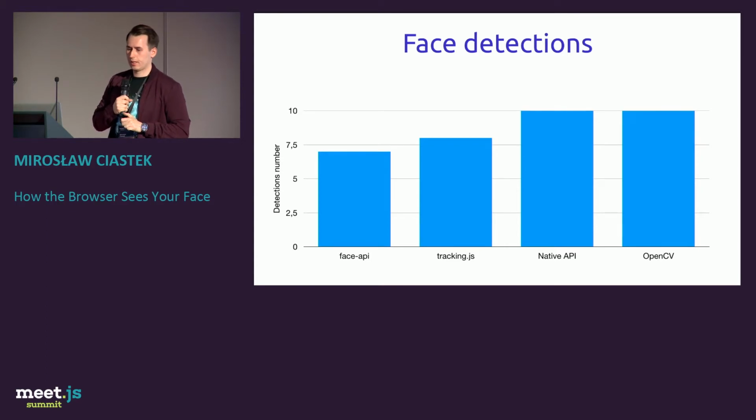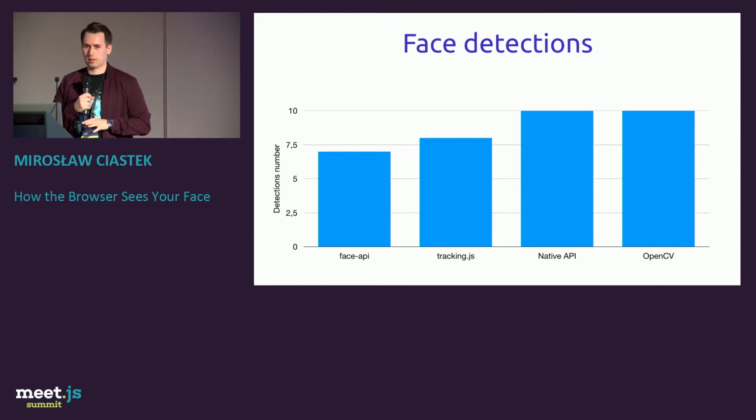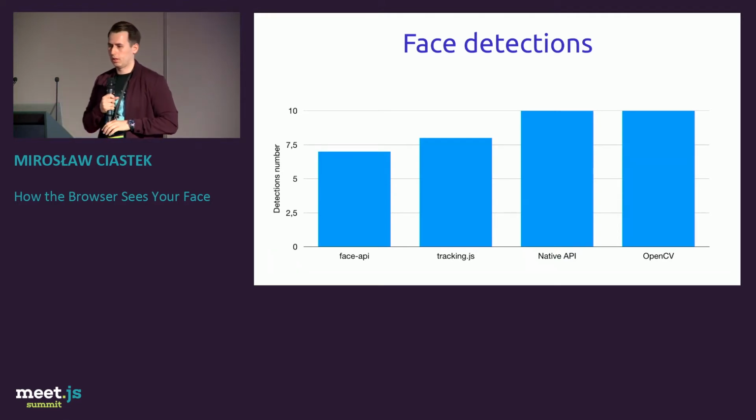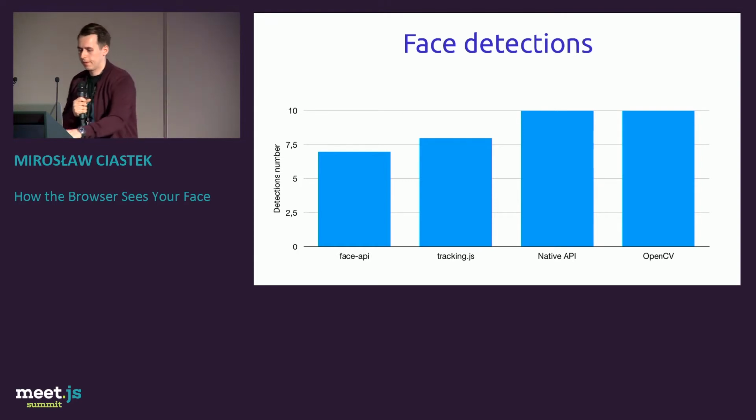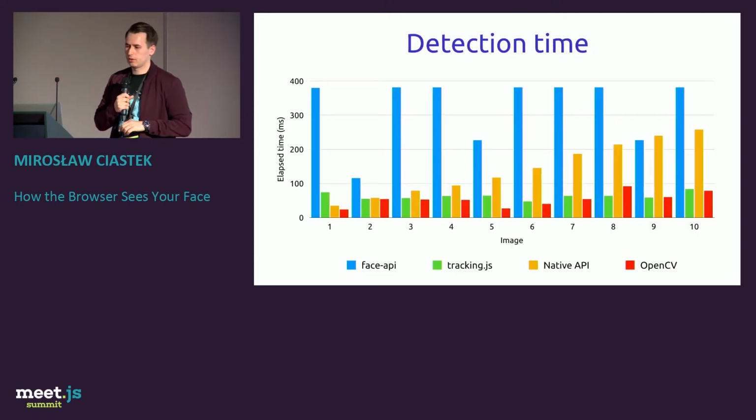The face API, unfortunately, not. It also may vary depending on the settings that you provide to the face API. The second chart shows you how long it takes to find the face for each image.